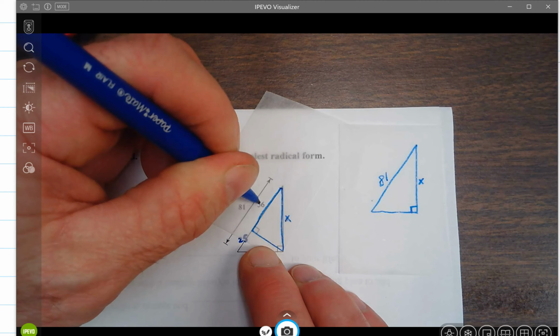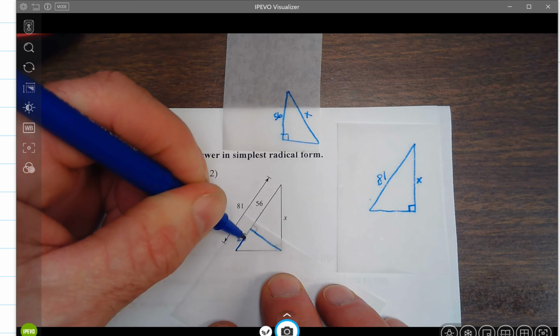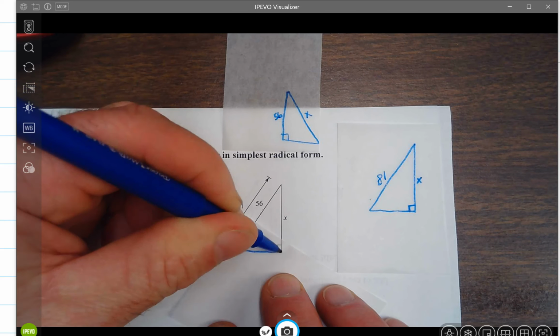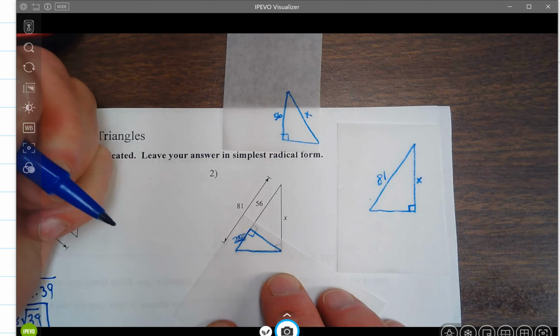That's x, and this is 56. Set that aside. And then our little triangle looks like this, and it has only one side marked. It is 25. So most likely we're not going to use this one because it only has one piece given. Okay, so let's just focus on these other two triangles.